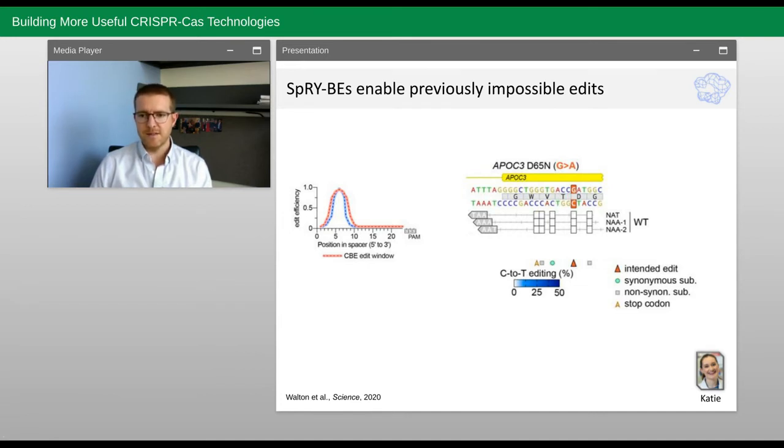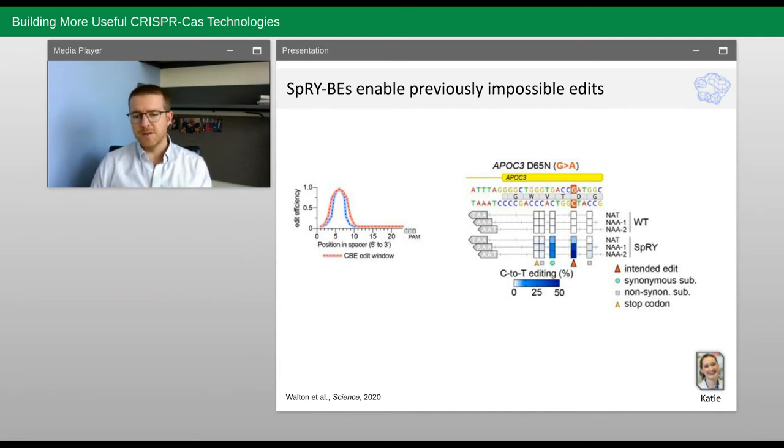Here, if we use wild-type SpCas9 with a C to T base editor, trying to change the C on the bottom strand shown in orange, what we found is that using the 3 guide RNAs that would position that C perfectly in the ideal edit window of the CBE, we see basically 0 editing of that target C base. And again, that's due to the fact that these PAMs are unreadable by the wild-type Cas9 protein.